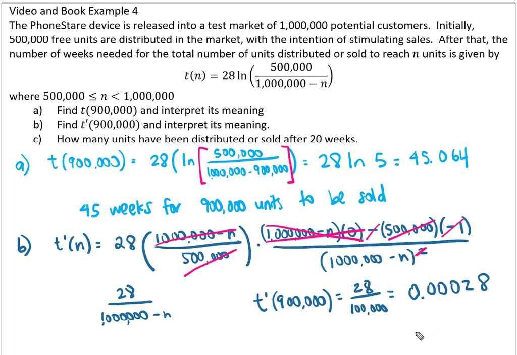So you're going to be changing this many weeks per unit sold. That's because t measures weeks, and then n measures units, and this is dt over dn, so the change in weeks over the change in units. This is the equivalent of selling a new unit every 2.8 minutes. That's pretty frequent, isn't it?